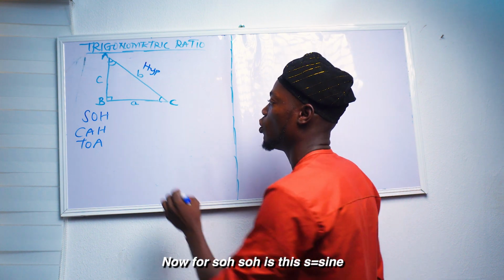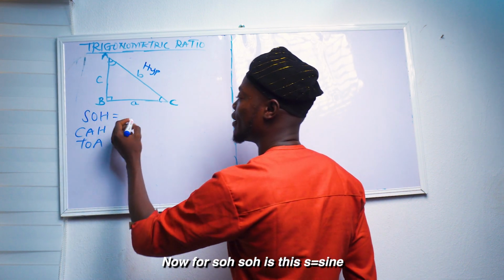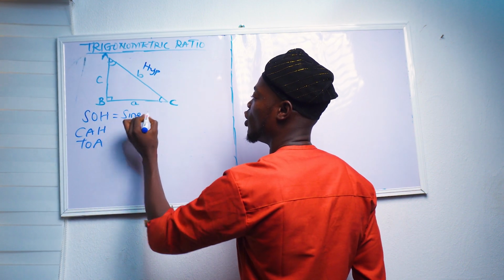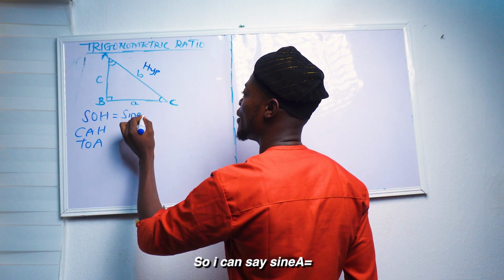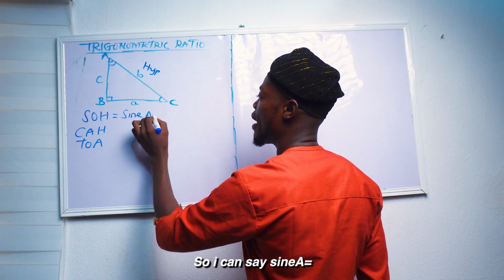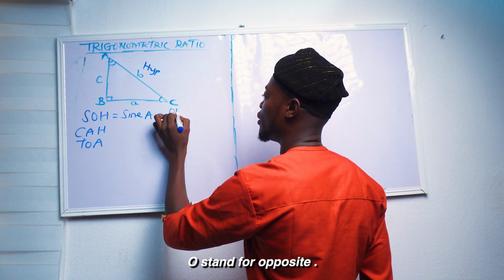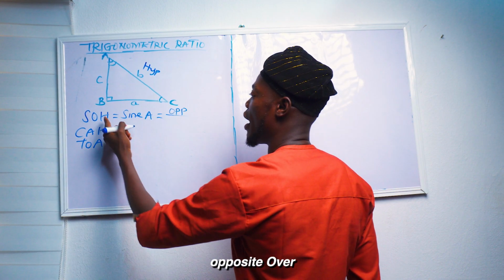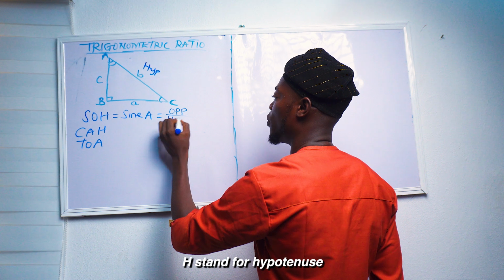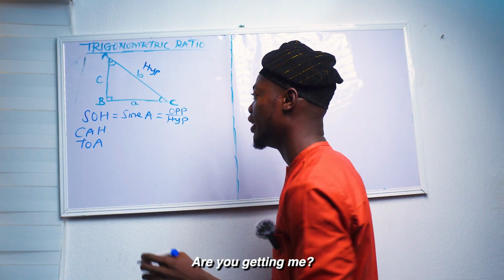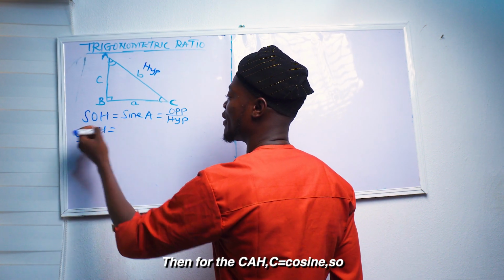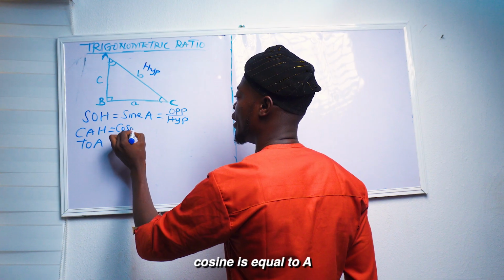Now, for SOH, this S stands for sine. So I can say sine A is equal to O, which stands for opposite, over H, which stands for hypotenuse. Are you getting me? Then for CAH, C stands for cosine.